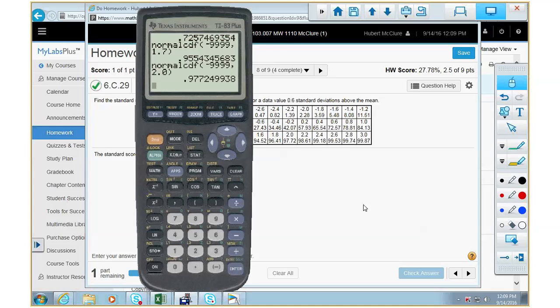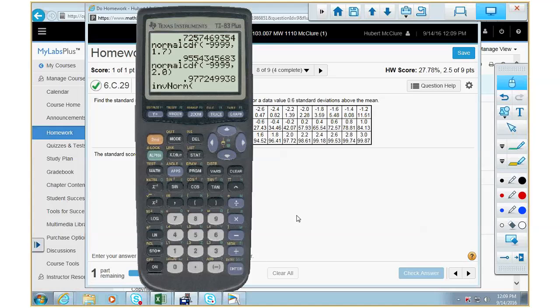97.72. So now if you're given a z-score, you can find the area. But what if you're given the other direction? What if you're given the area and you need to find a z-score? Then you hit second, bars, and inverse norm. And now type in the area.